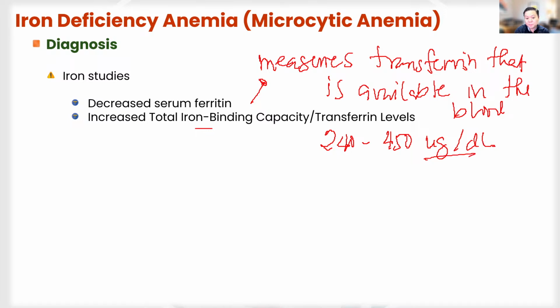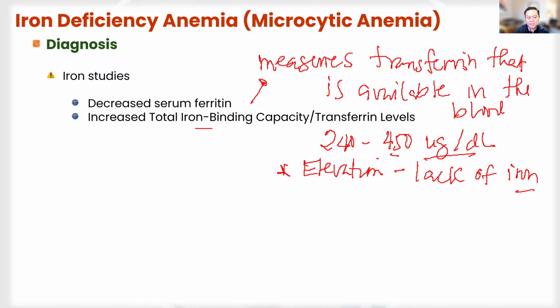You don't have to memorize this one. It's good to know. And also, if there is an increase greater than 250 micrograms per dL, then this is suggesting that there is a lack of iron.